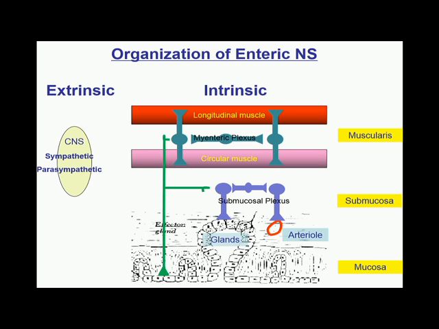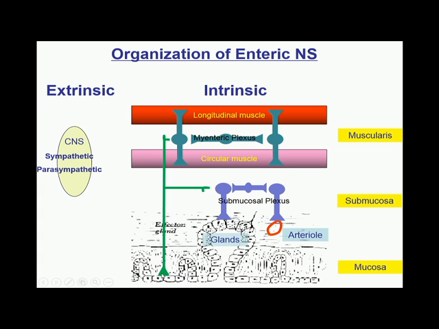And then those are the motor, and then the sensory neurons from the epithelial lining feed into the submucosal plexus as well as the myenteric plexus. Just to give you an example, this is how it works. When the food comes into the lumen, it will cause stretching of the intestine, the epithelium, or the food has chemicals which can trigger chemoreceptors.